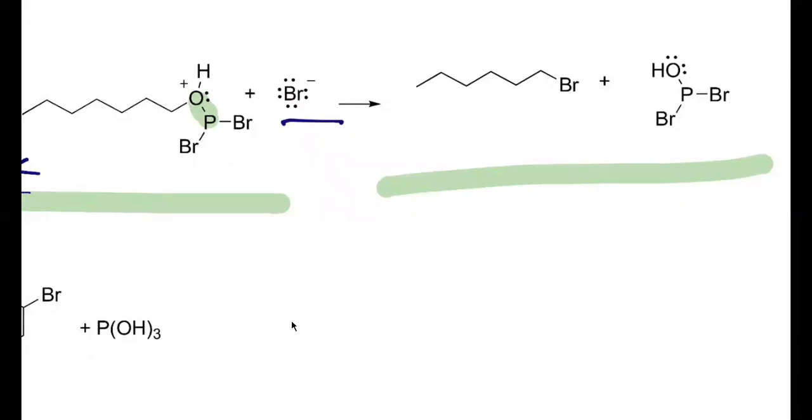Well, do you think that oxygen is going to leave first if that's on a primary carbon? Right, that's what we just talked about in this other example we just did. So this method is specific to primary and secondary carbons.